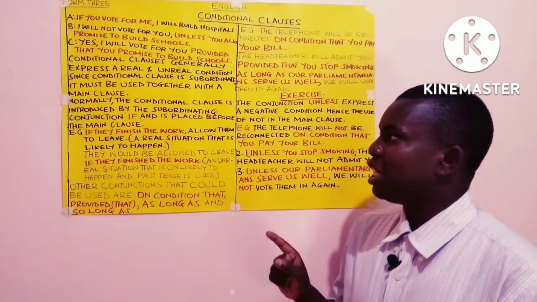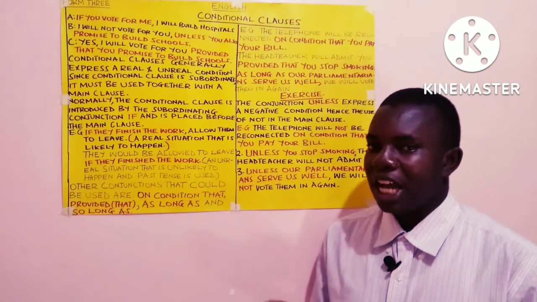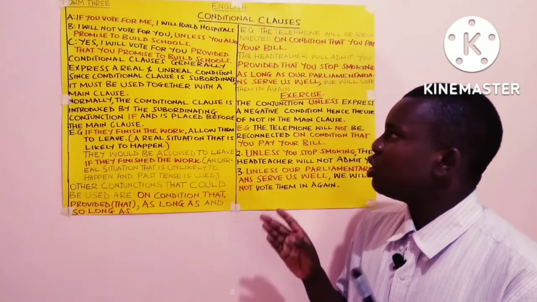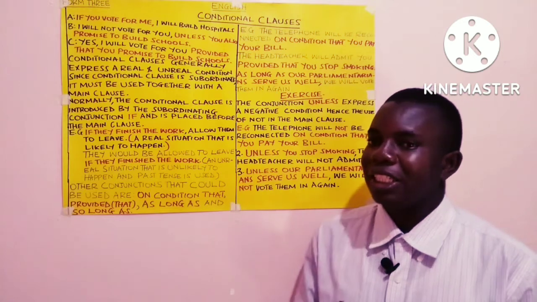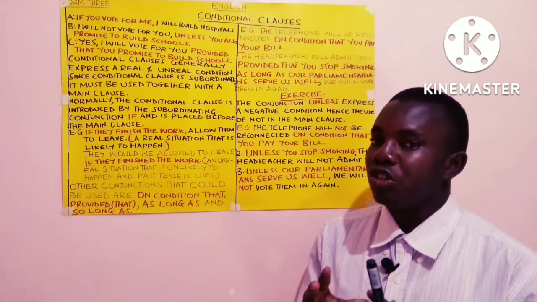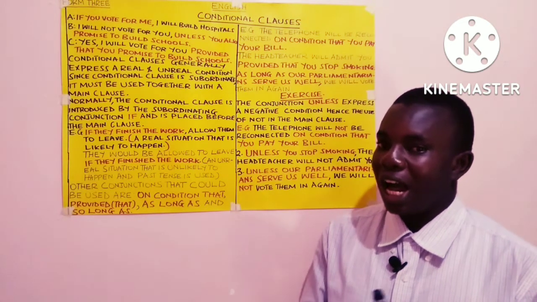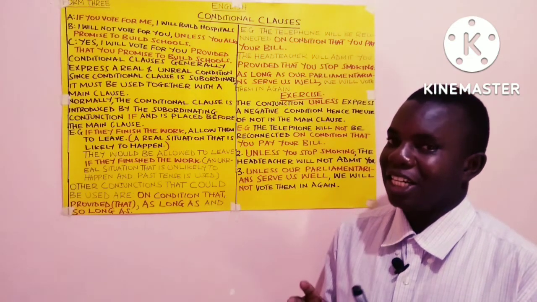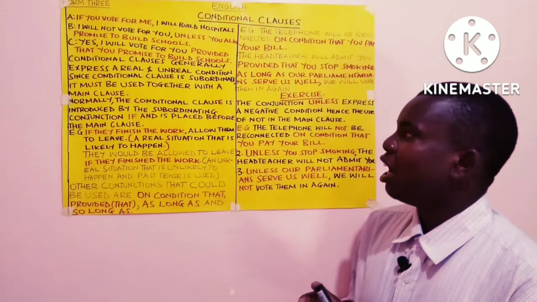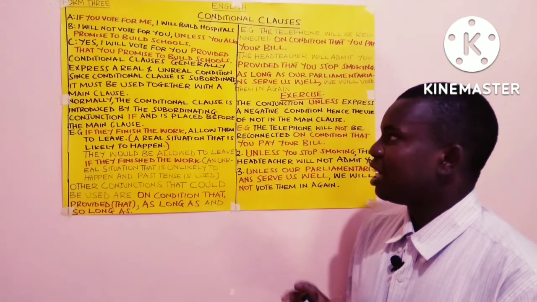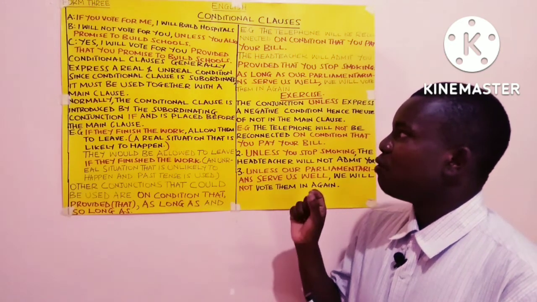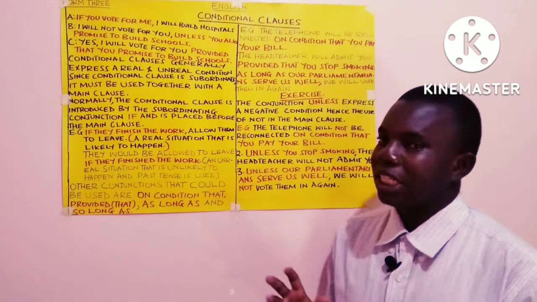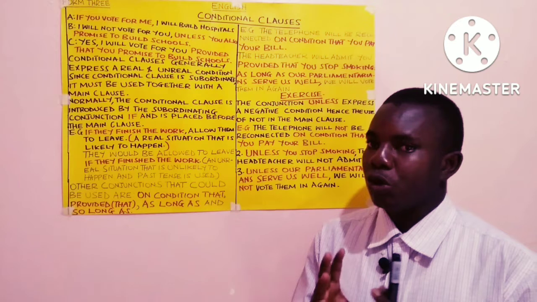Then person B responds, "I will not vote for you unless you also promise to build schools." "Unless you also promise to build schools" is in red. Another voter states, "Yes, I will vote for you provided that you promise to build a school."